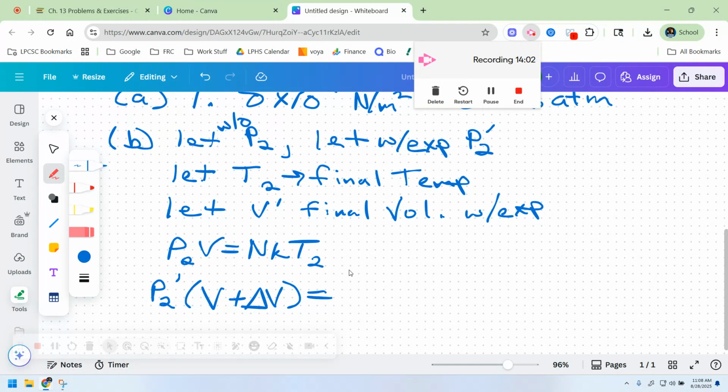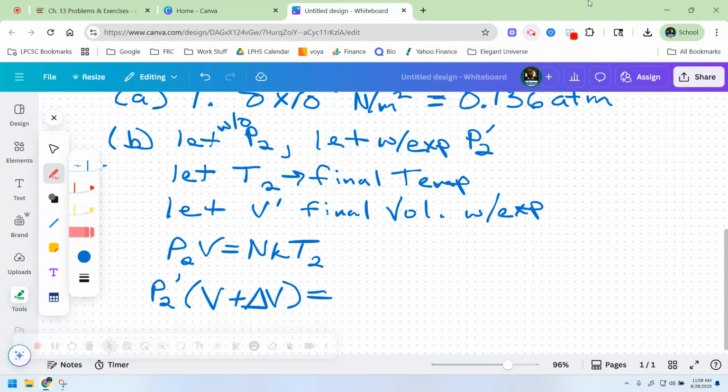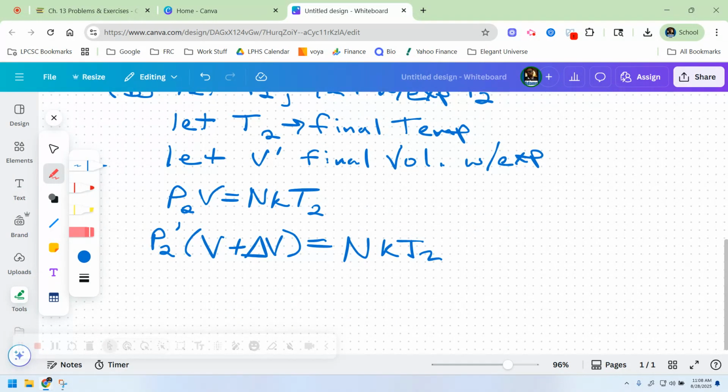And so that equals the number of molecules, Boltzmann's constant times the final temperature. Okay. And then there's a bunch of algebra you could do to derive this, right? So essentially I can plug in different things. I'm trying to think.